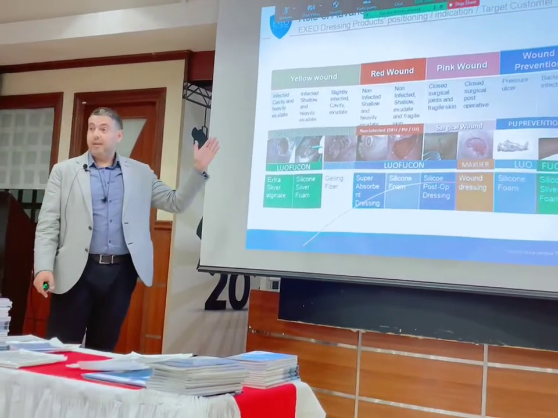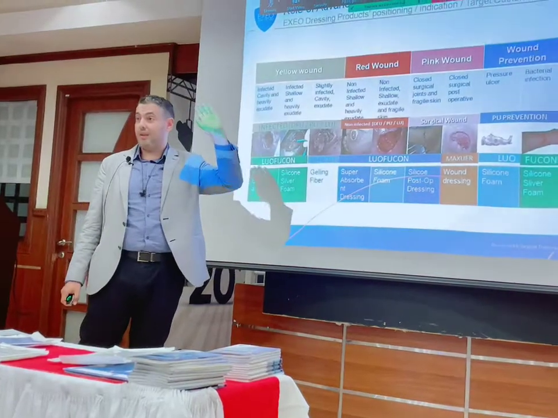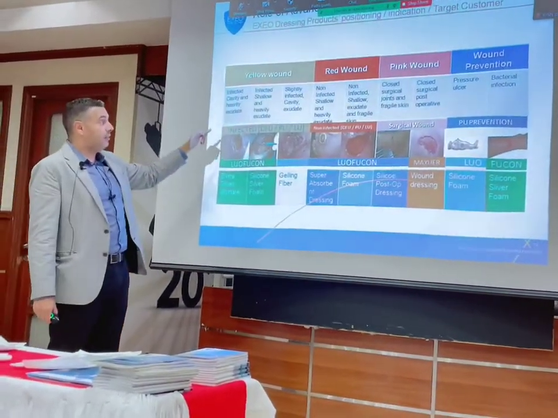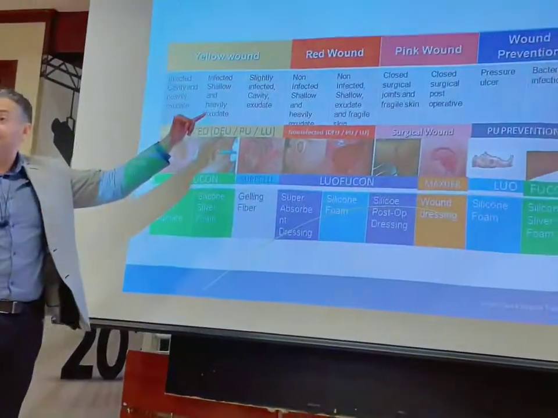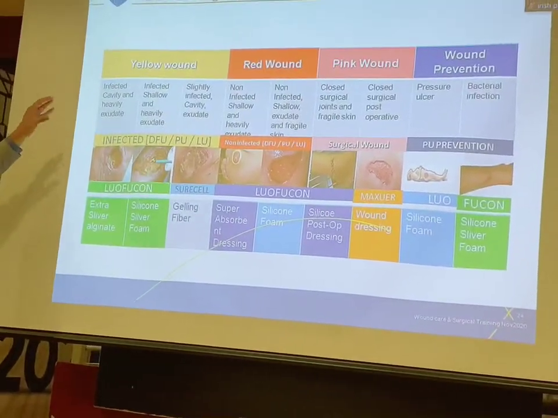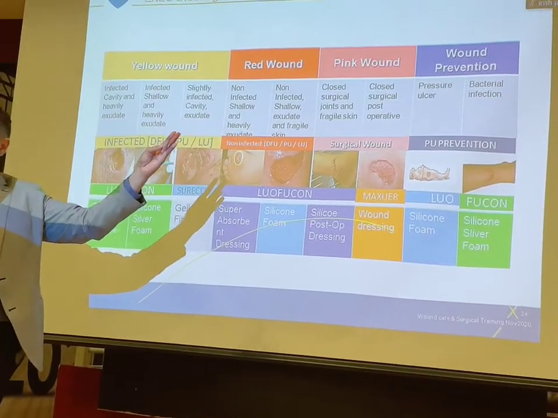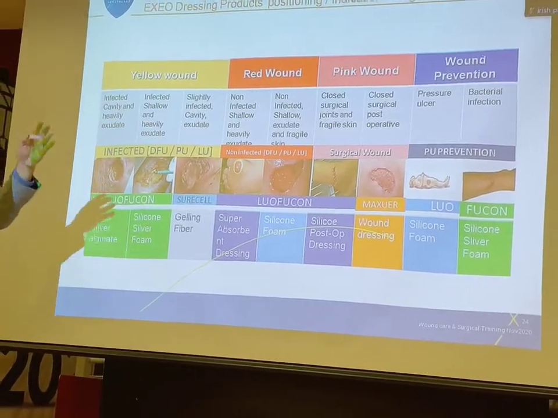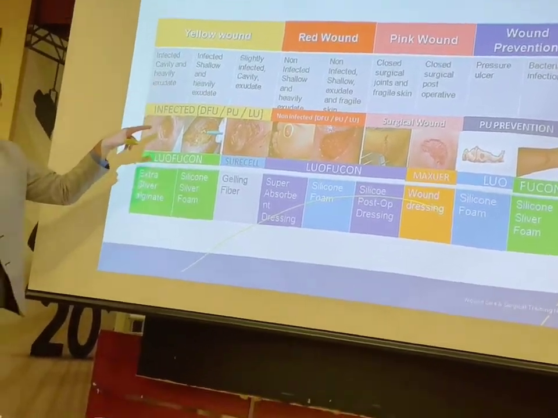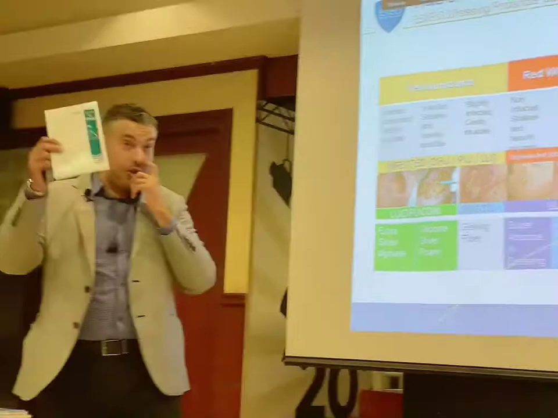If it is infected or not infected, this is the first type of the classification. If it is infected, we have to use antimicrobial agent dressings, either it is diabetic foot, pressure ulcer, or leg ulcer. If it is a cavity wound, we can use the Lofcon Extra Silver Alginate.